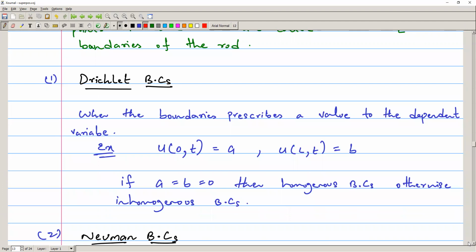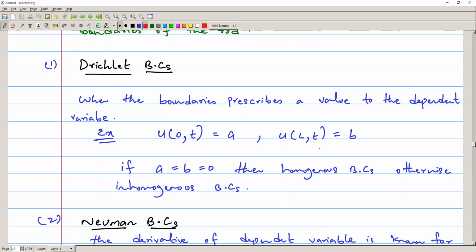So first of all, we will talk about Dirichlet boundary conditions. When the boundaries prescribe a value to the dependent variable, which is u, that is temperature in this case.